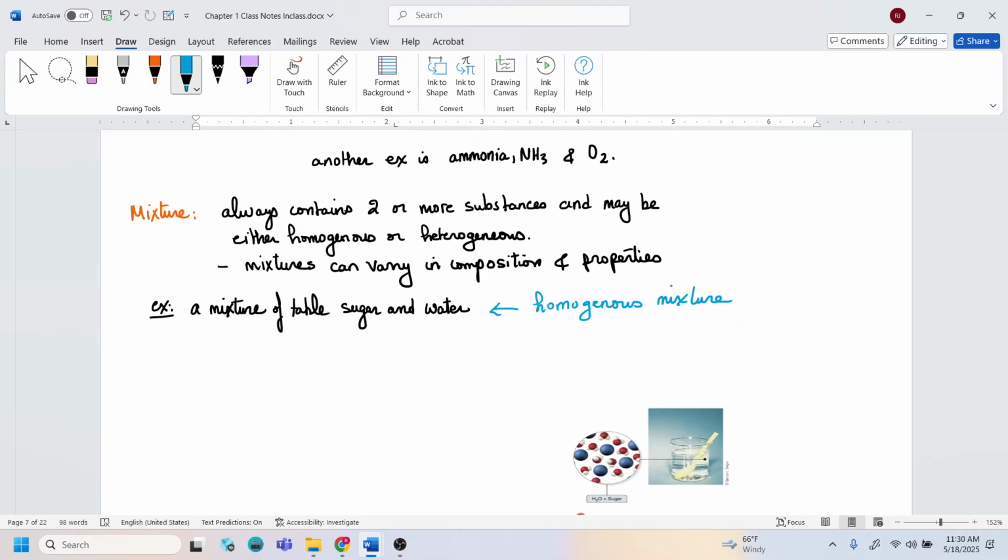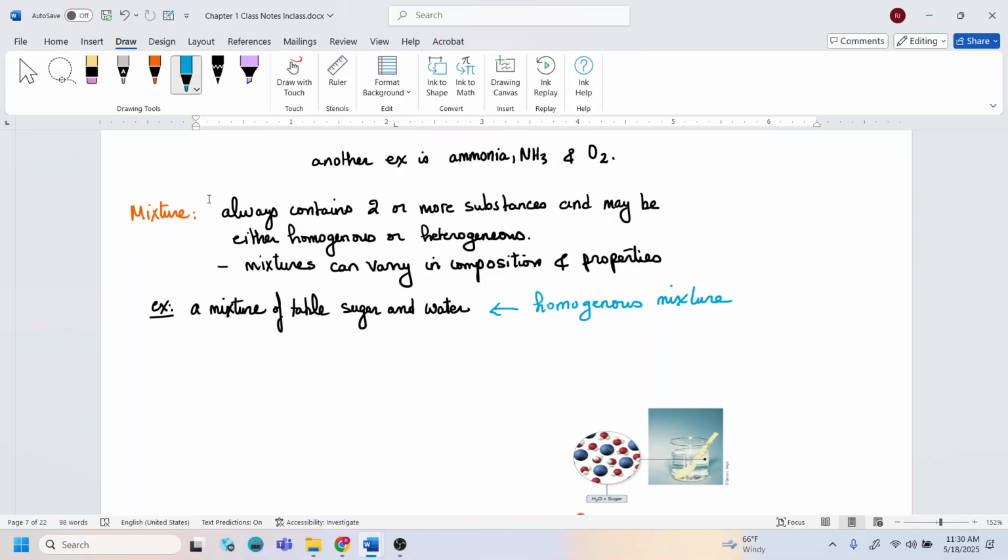A homogeneous mixture is a mixture where everything is dissolved in it. For example, if you buy a can of soda, you don't have anything that's precipitating in there, so we're going to consider this a homogeneous mixture. A glass of water, for example, can contain one, two, or three tablespoons of sugar. The property of sweetness would be different for mixtures with different proportions, so you have to pay attention to that.